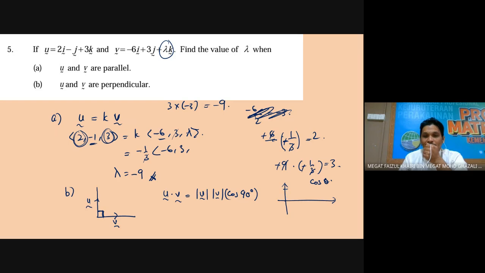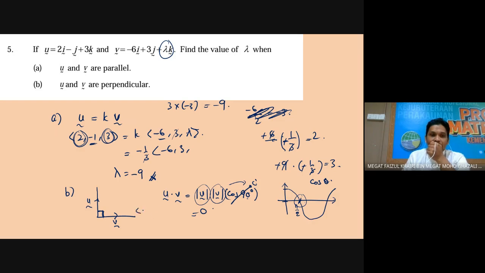So cos starts from here. And at this point, this is pi over 2 or 90 degrees, and cos 90 degrees equals 0. So whatever value of this times 0 equals 0.